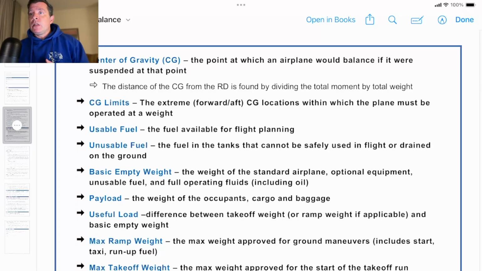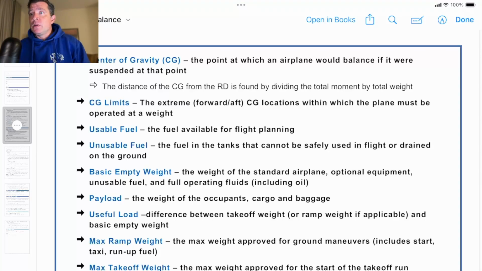The center of gravity limits are the extreme forward and aft locations within which the plane must be operated. You'll hear it called an envelope. Your center of gravity may be allowed to be between here and here, and if it gets out of there, you're outside of the envelope and it's not safe to fly.